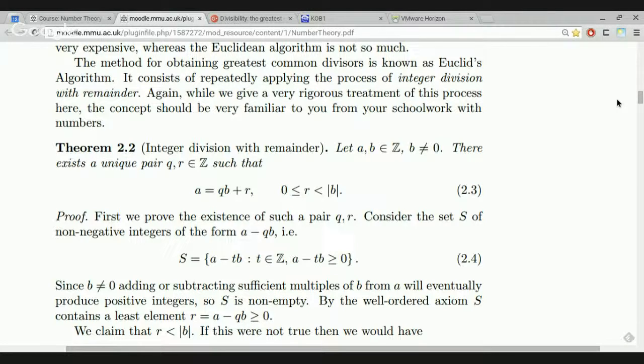Now, this appears to be quite obvious. I mean, if I give you a subset of positive integers, if I throw in a load of positive integers here, all it's saying is that one of them will be the smallest one. That's all it's saying. Not that controversial for a set of a small number of integers.